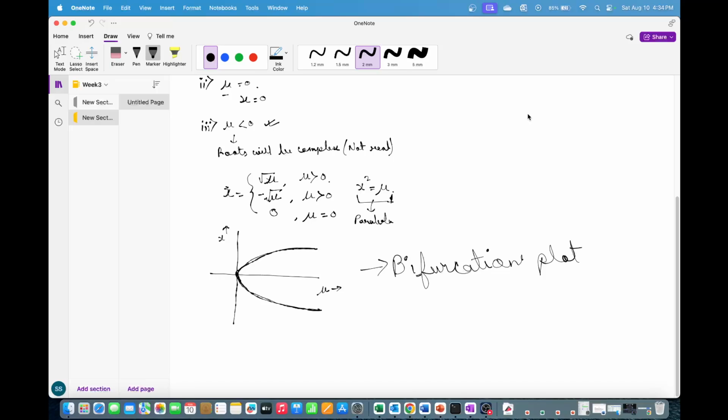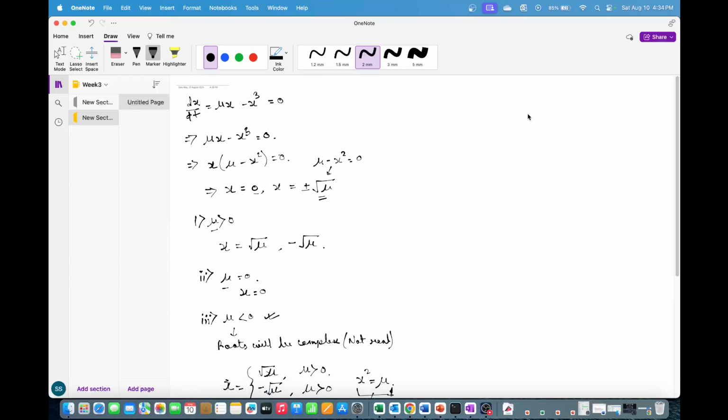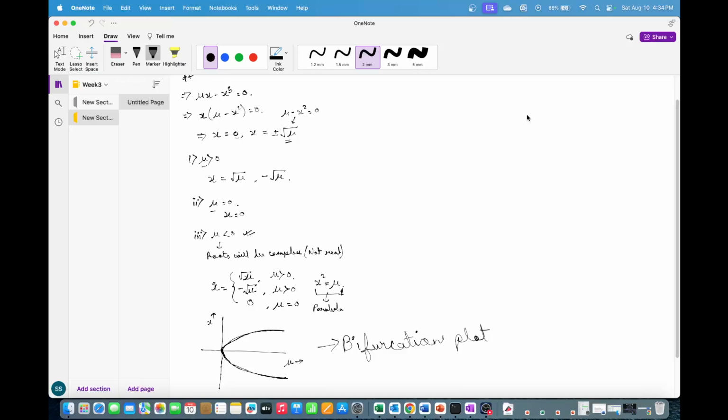But sir has insisted that I work these out using pen and paper, because in your exams also, and for your understanding as well, if you practice using pen and paper and try to draw these bifurcation plots by yourself, that will be much more helpful than using some software that will do it for you. For your understanding, I'll strongly suggest that you try to do this for different types of steady states, finding and plotting the bifurcation plot using pen and paper. Okay.